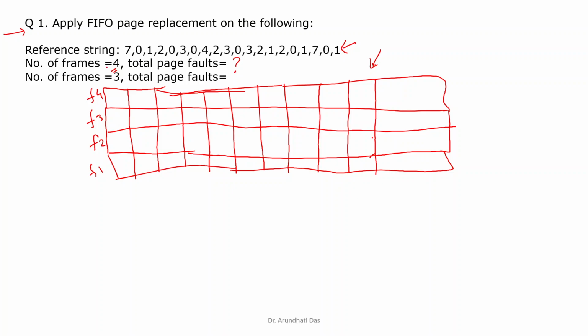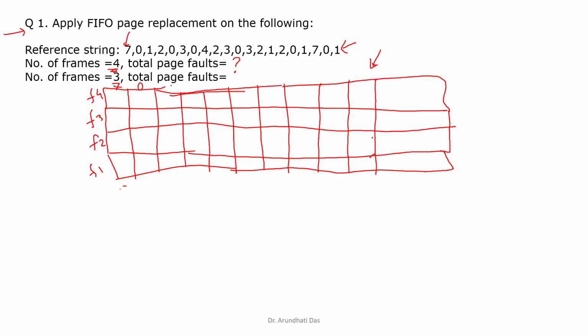Since the number of frames is 4, here you can see f1, f2, f3, f4 I have given. On the top of this table I am writing the requested sequence. I have to make as many columns as the number of requests in the sequence.